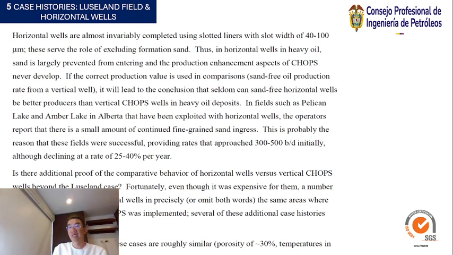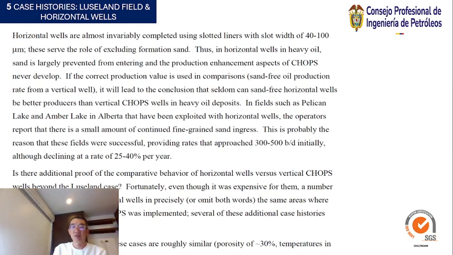In fields such as Pelican Lake and Amber Lake in Alberta that have been exploited with horizontal wells, the operators report that there is a small amount of continued fine green sand ingress.